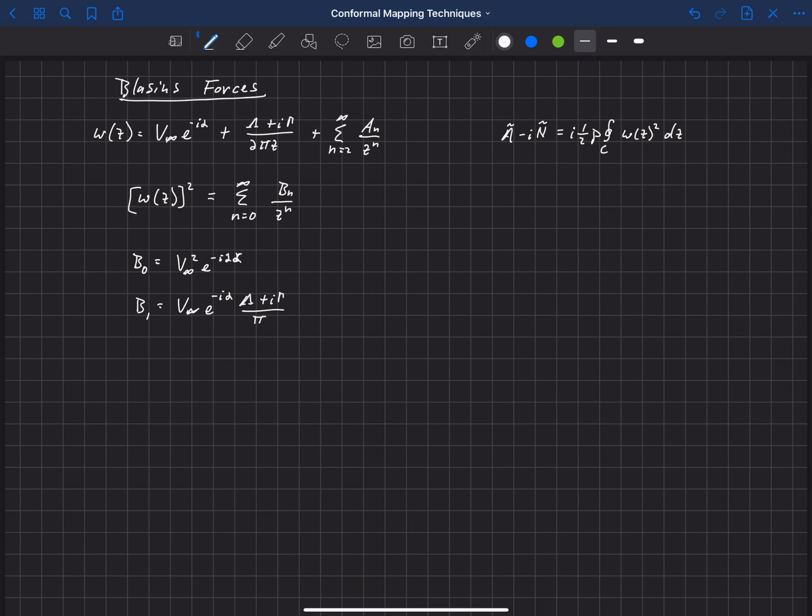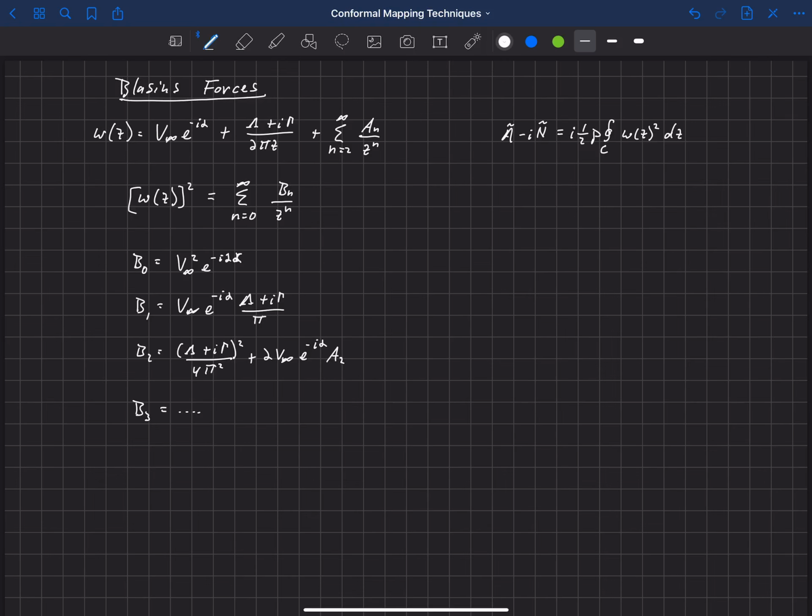So that's what we get for the first term, and then b2 we'll get lambda plus i gamma squared over 4 pi squared plus 2 V infinity e to the minus i alpha times a2, whatever our second term is up here in this series, or the a sub 2 term. Okay, so we could keep working through b3 and b4 and figure out what each of those terms are.